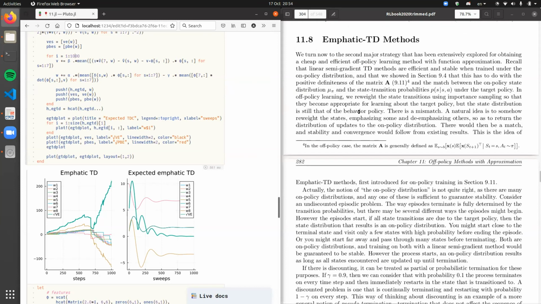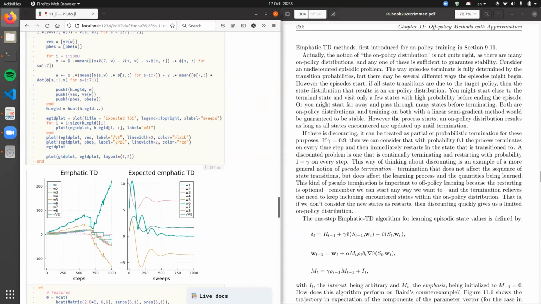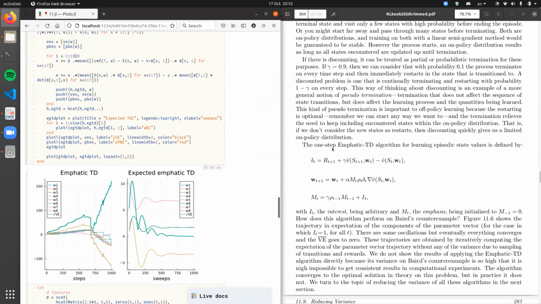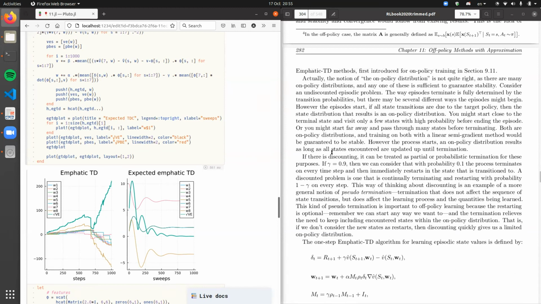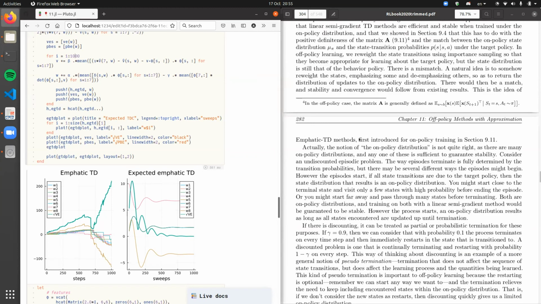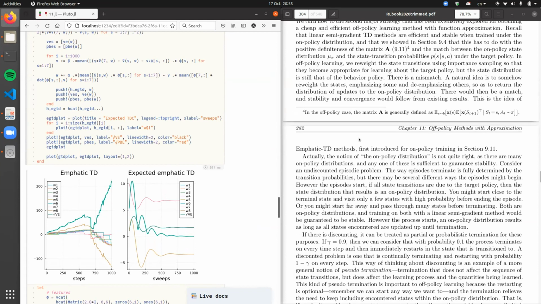Another way to approach this problem is the emphatic TD method. It was briefly introduced in chapter 9, I believe. Let's have a look at what that is. To use the emphatic algorithm, we introduce two new quantities.